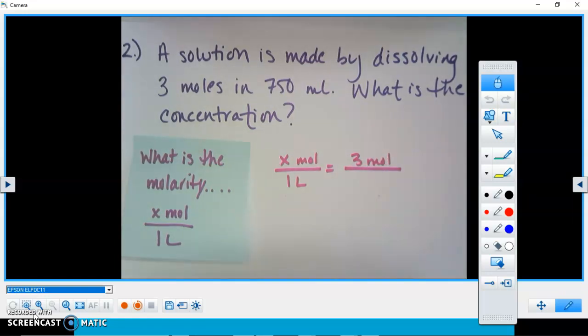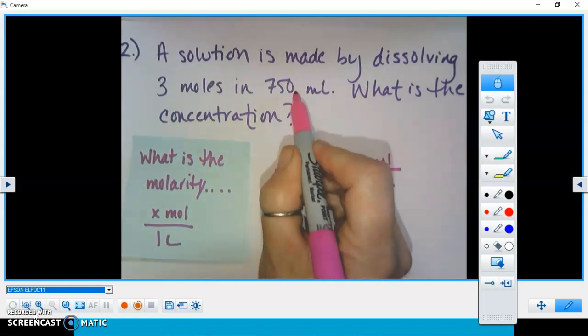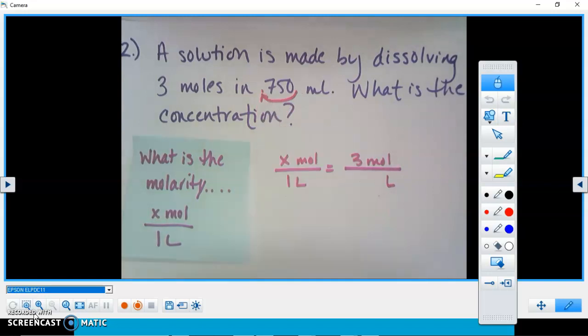Notice this doesn't even tell us what the solution is made out of. It doesn't matter. It's 3 moles of whatever it is. Molarity is independent of the identity of the solution. 3 moles in 750 milliliters. Because I have 1 liter over here, I need to have the matching units. I need this to be in liters. So to go from milliliters to liters, that's 3 steps to the left on the staircase. So we're going to divide by 0.7.